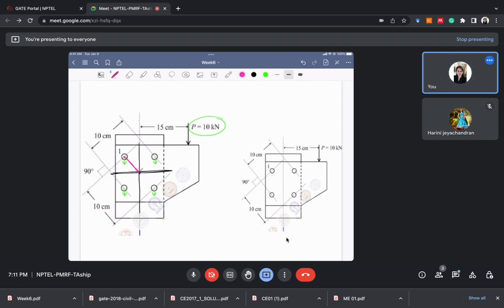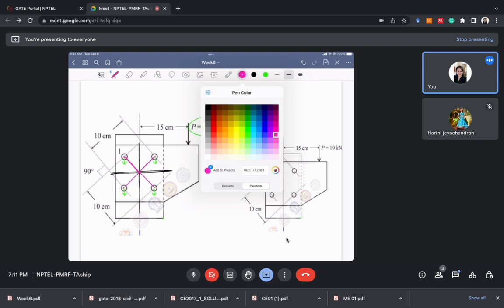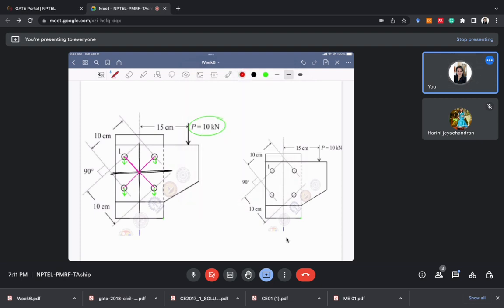Let me connect all the bolts with the CG first. So this is our system. Another force, that is the force due to the moment, will act like this, perpendicular to the line joining the CG and the bolt. The force due to the moment will always be perpendicular to the line joining the CG and the bolt.